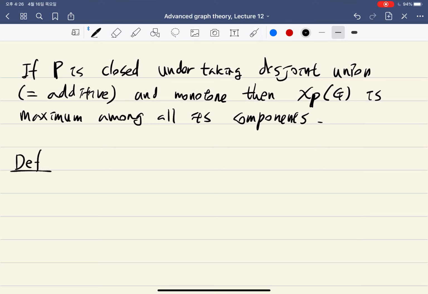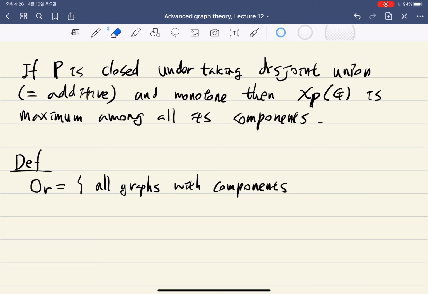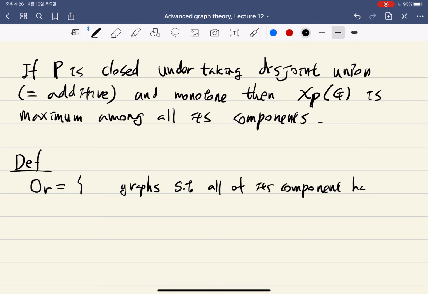Let's define some interesting graph classes. Let O sub R be the collection of all graphs such that all of its components have order at most R plus 1.